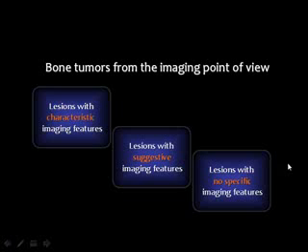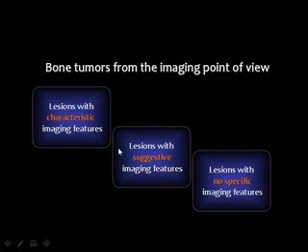Then this is the protocol for evaluation of bone tumors, in my point of view. I have classified the bone tumors into 3 categories. The first category, what I call lesions with characteristic imaging findings. You can say these are spot diagnoses. If you see one of these lesions, you can safely say this is so and so.